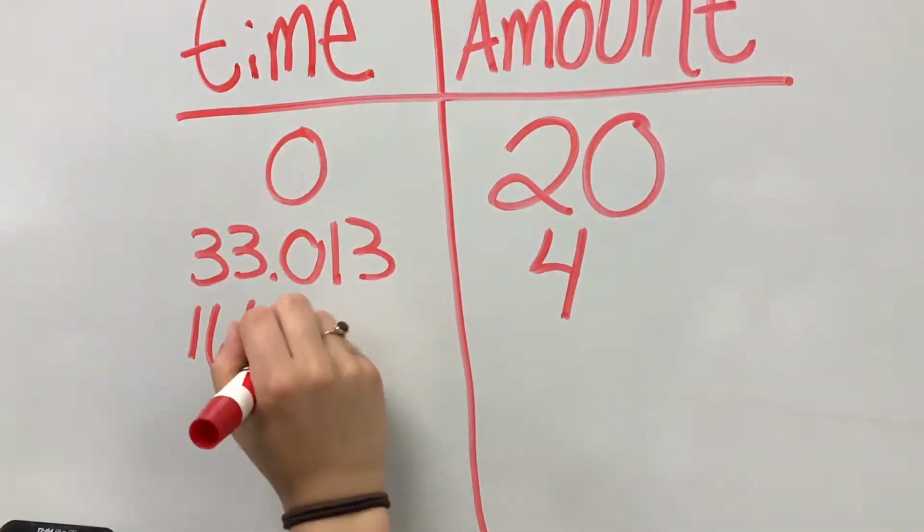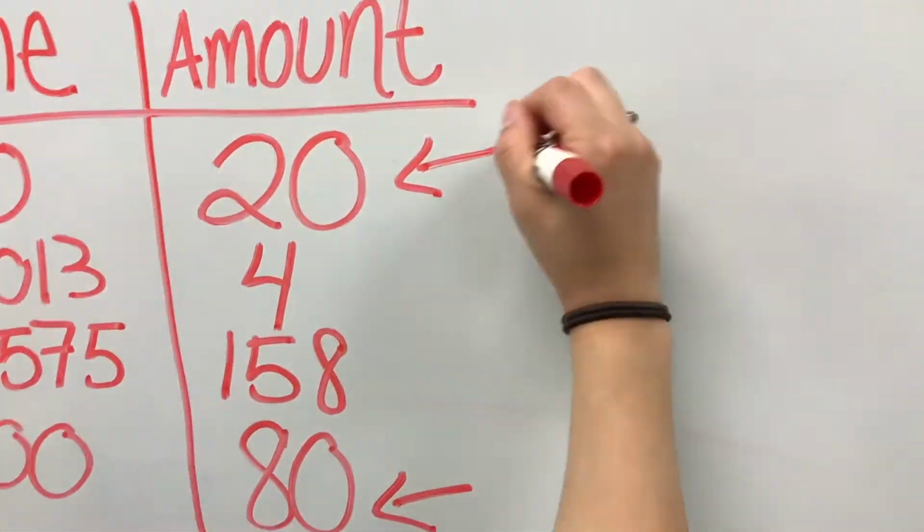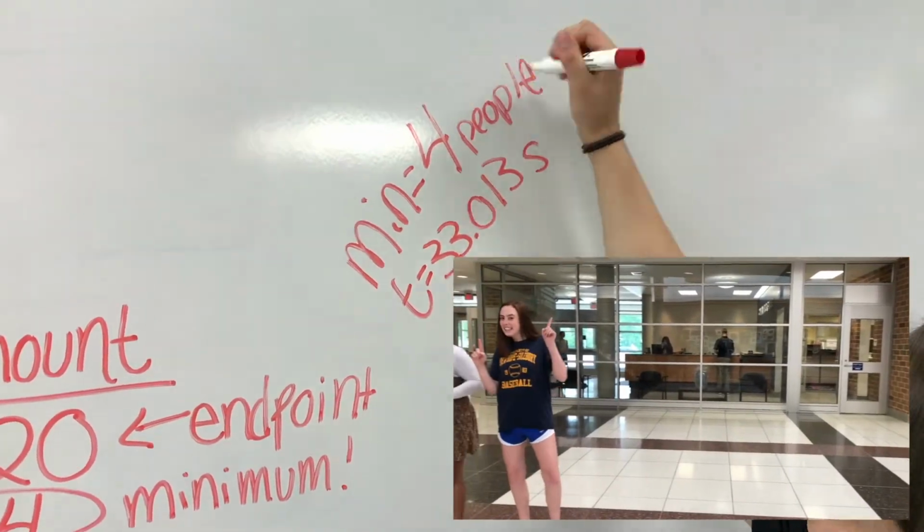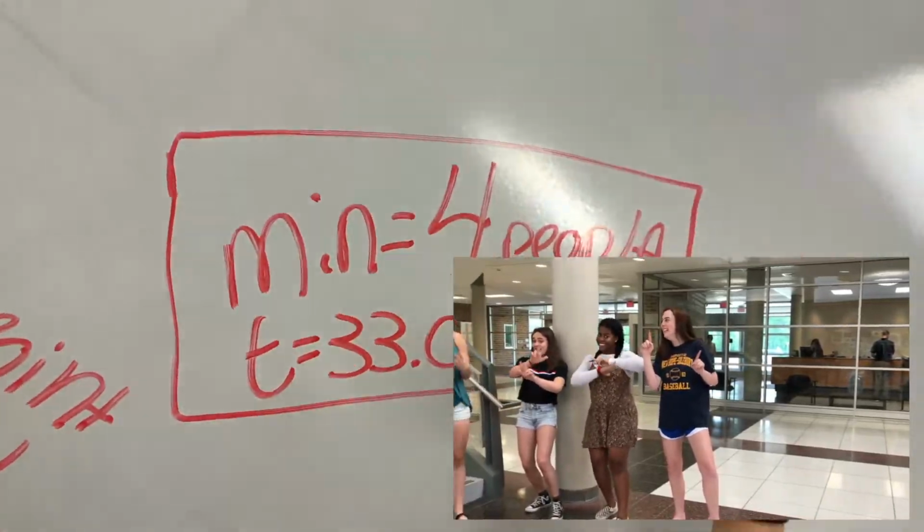At time equals 300, there are 80 people. See Part B. By comparison, we can see the minimum is approximately 4 people at time equals 33.013 seconds.